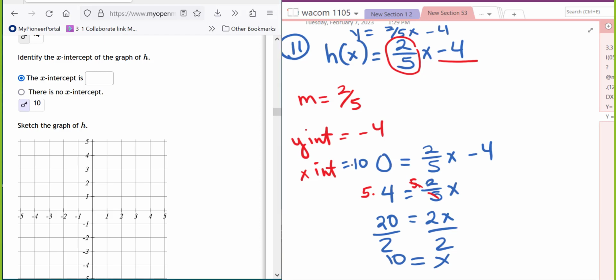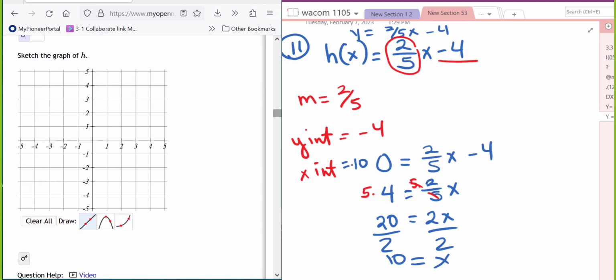All right, so my x-intercept is 10. We're good there. And let's see if we can graph. Again, I would use the y-intercept and count with the slope. It'll be okay even though our scales are small because we're going to start down here.